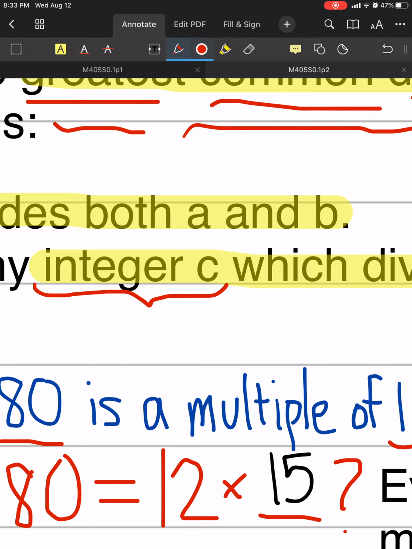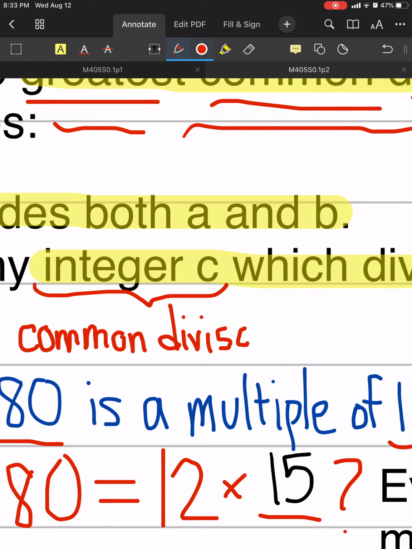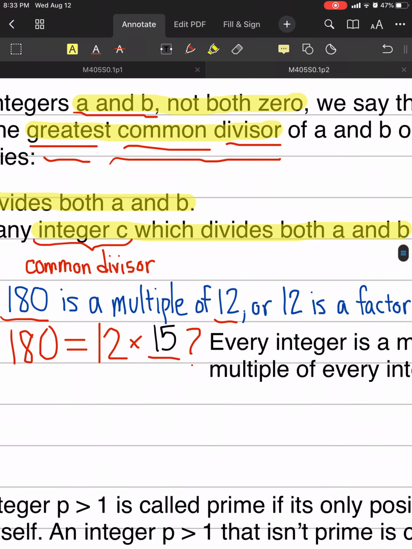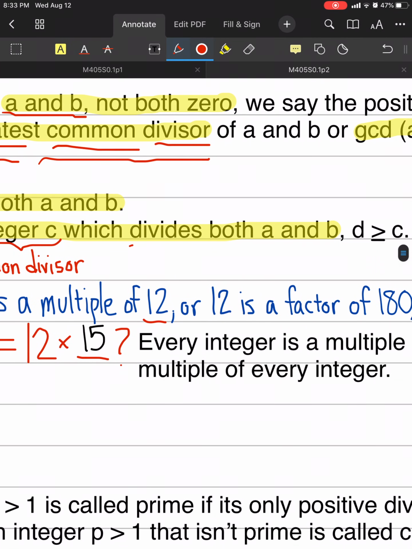So this integer C is itself a common divisor. That means C, in order to be a common divisor, has to divide both A and B. So C is a second common divisor.